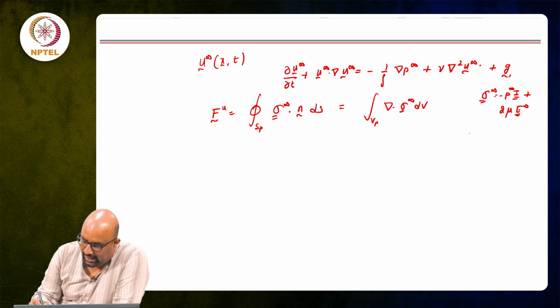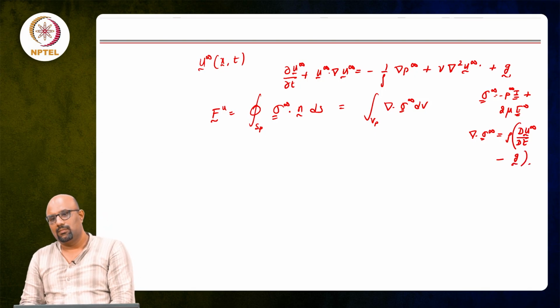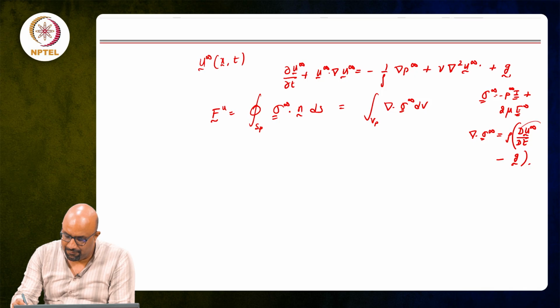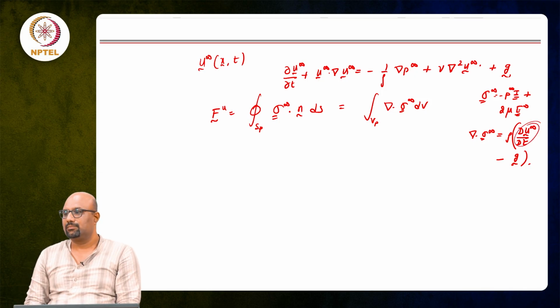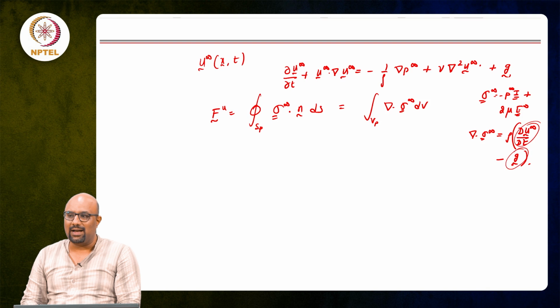So the divergence of sigma infinity is rho du infinity dt minus g. This is the fluid acceleration. This term is your acceleration due to gravity.